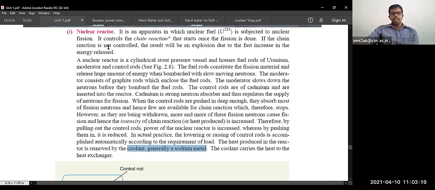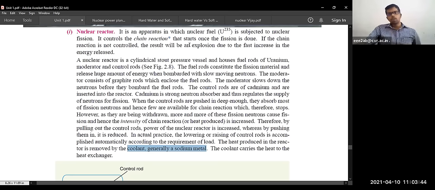If the chain reaction is not controlled, the result will be an explosion. If you just bombard the nuclear fuel, that is uranium-235, without control, the reactor will get busted. It will be a very huge blast.